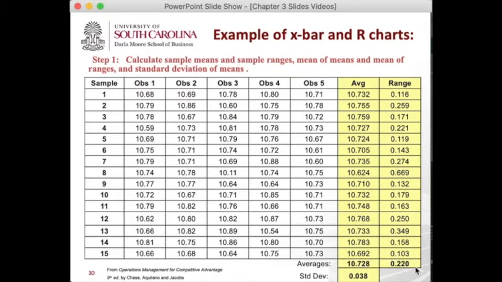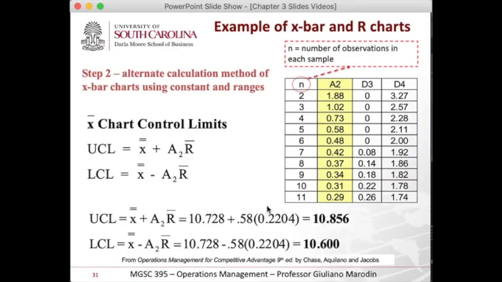And also I have the average of the range, which is R bar. So bar is always the average, or always the mean, okay? So I have X double bar, the average of the averages, and I have R bar here as 0.22, X double bar 10.728.